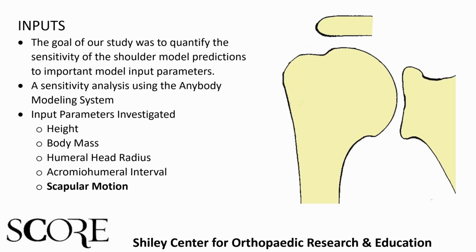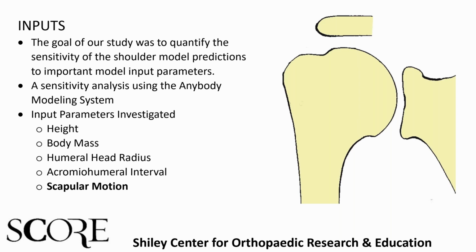So this is called sensitivity. The goal of our study was to quantify the sensitivity of the shoulder model predictions to important model input parameters. So what we did was basically a sensitivity analysis using the AnyBody modeling system.